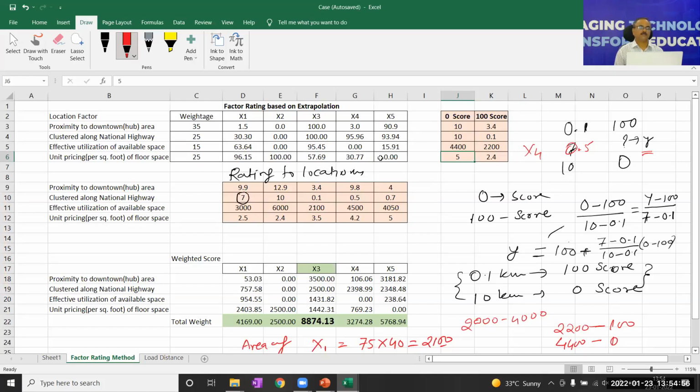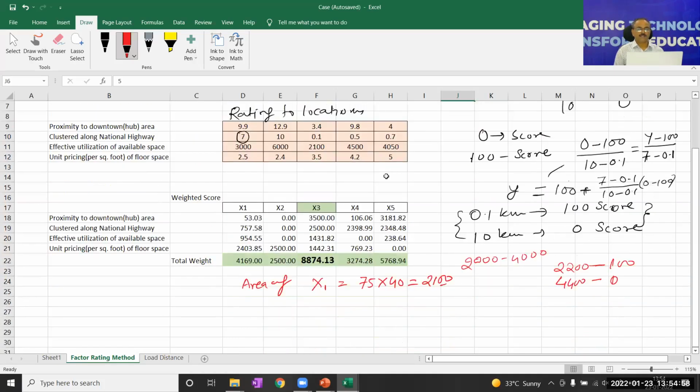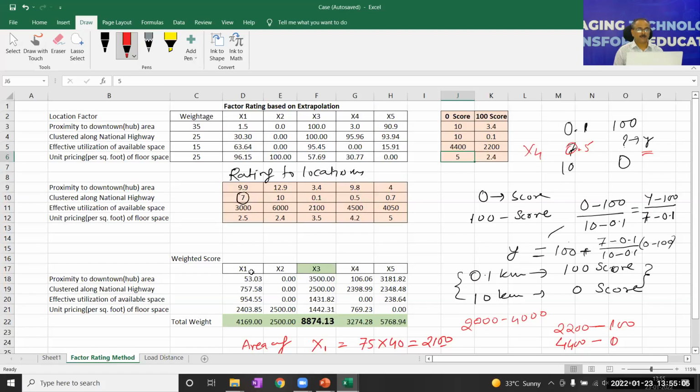And for these values of the unit pricing, based on the scores, we have extrapolated it and got the scores here. Okay. And now, based on the weightage that you have and the factors that you have, you can establish the factor rating. So this factor rating is nothing but what? It is the weightage multiplied by the factor.